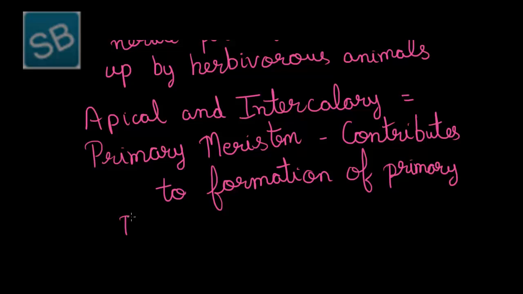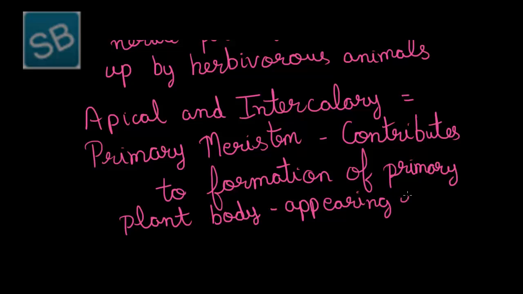Thus, the primary plant body gets formed by appearing early in the life of a plant.